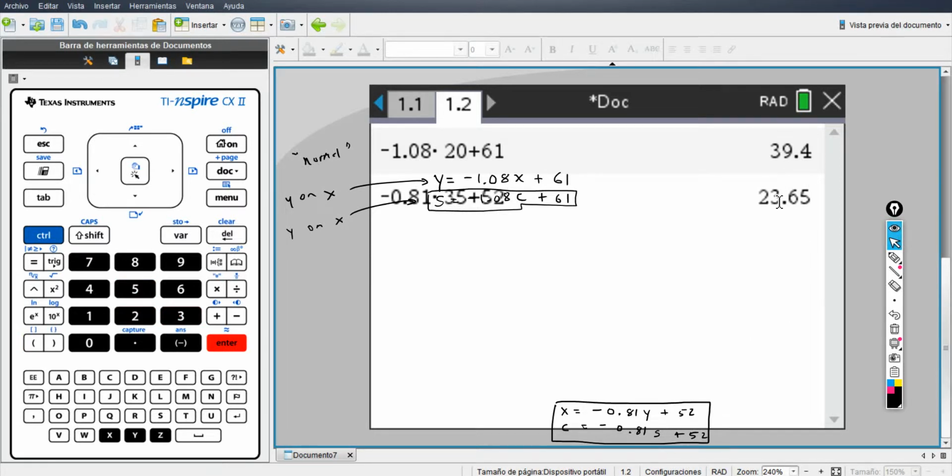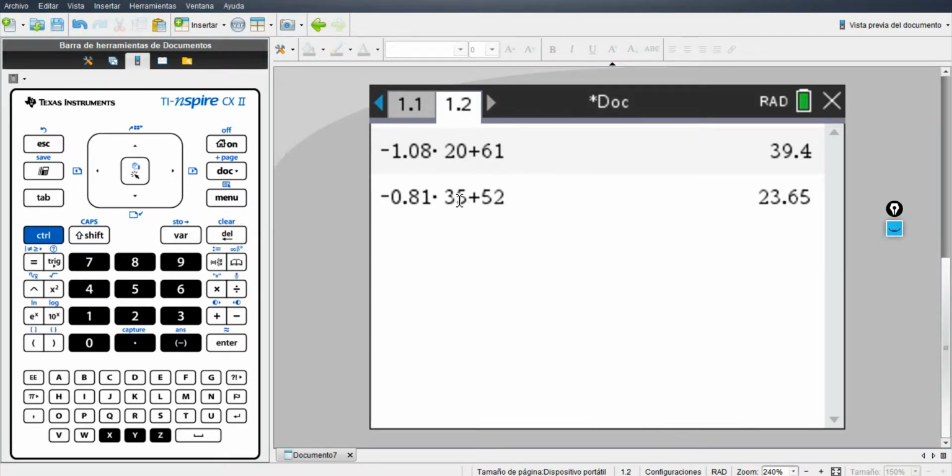Okay, and we round to the nearest integer because that's what they told us in the book, and this is going to be 24. So if we sell 35 tickets, basically we can predict that the cost of each of those tickets was 24.